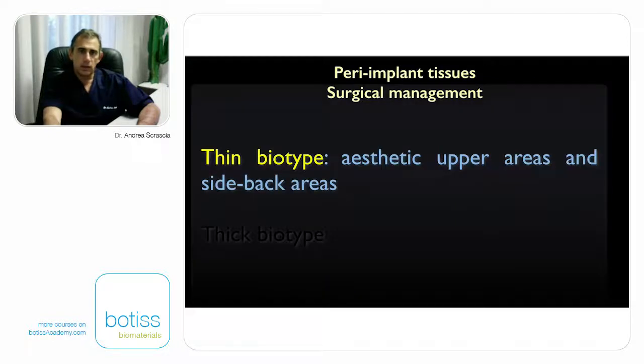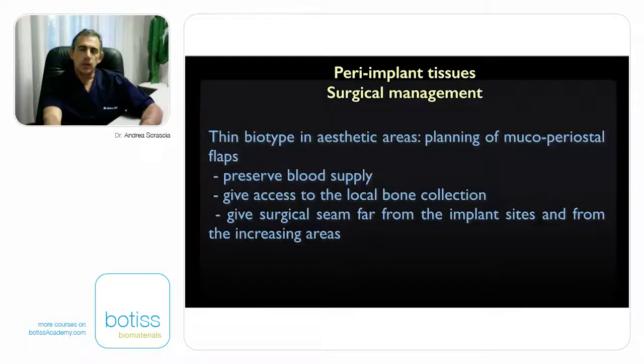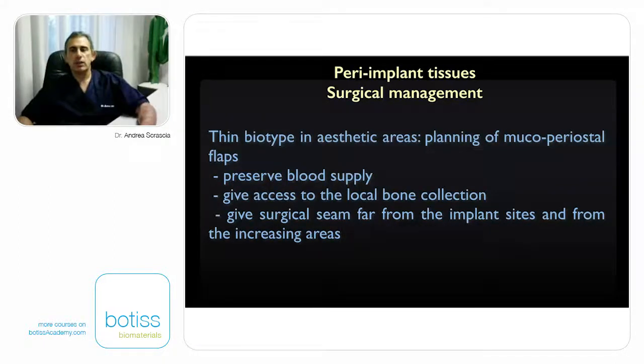For the surgical procedure and incision technique, for patients with thin biotype in aesthetic areas, we have to plan mucoperiosteal flaps for the following reasons: preserve blood supply, give access to the local bone collection, and give a surgical seam far from the implant sites and from the augmented areas.